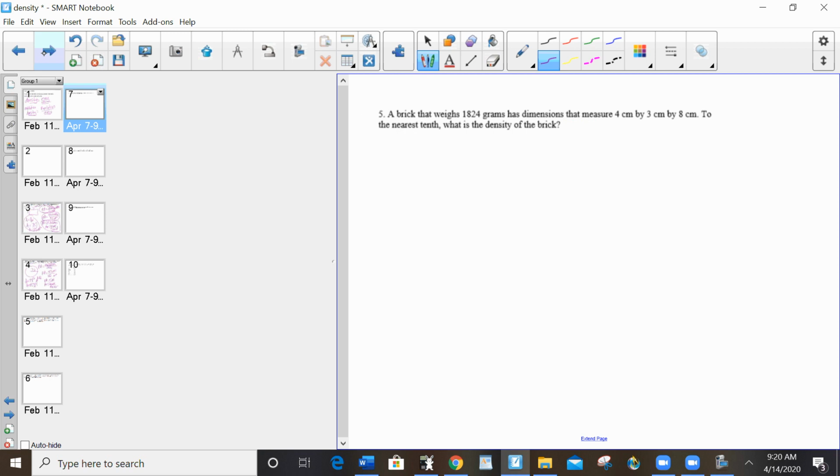A brick that weighs 1,824 grams has dimensions that measure 4 by 3 by 8. What is the density? So density is 3-dimensional. Population density is 2-dimensional. And density is DMV: density equals mass over volume. So just like everything in this unit, I have to start by finding the volume.